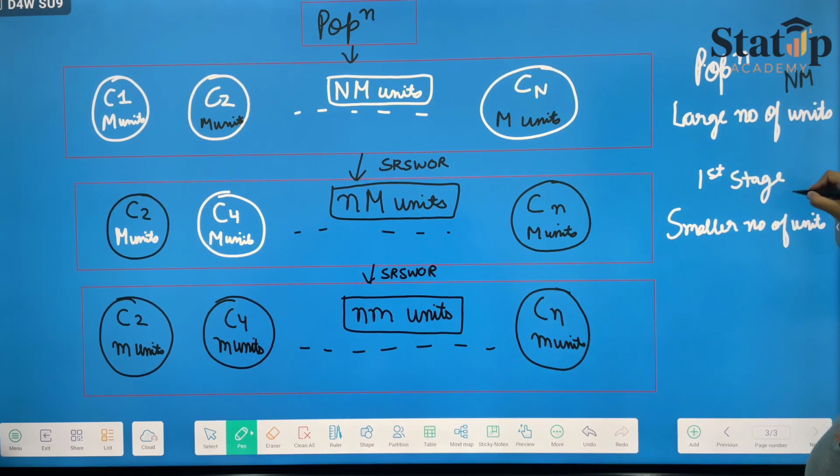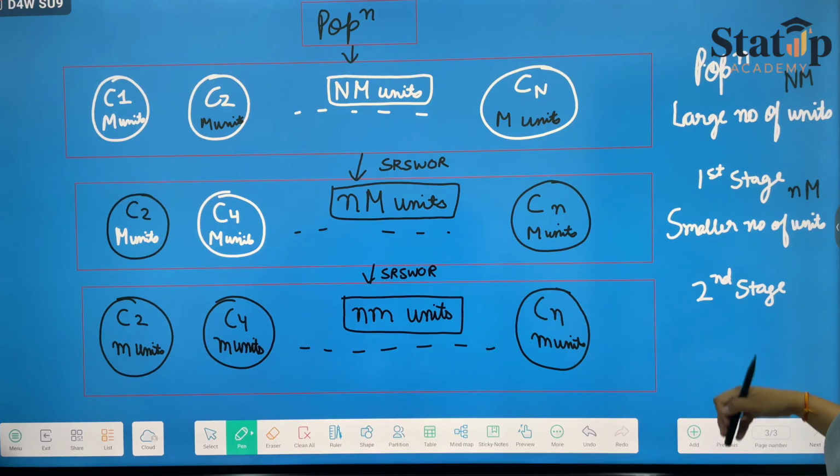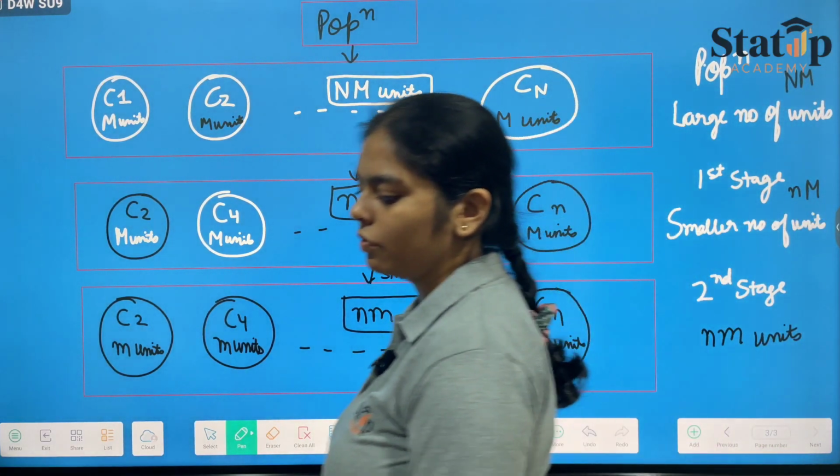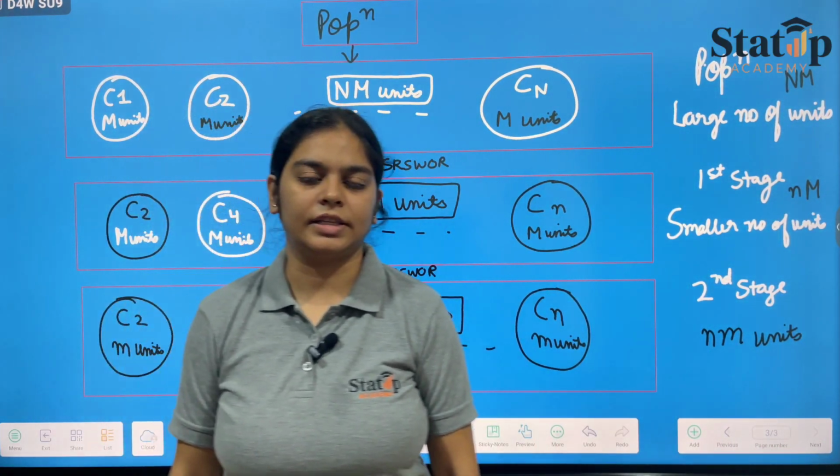Here the units are small n into capital M. And then there is the second stage. Here an even smaller number of units is there, which is small n into small m units. So this was your overview of two-stage sampling.